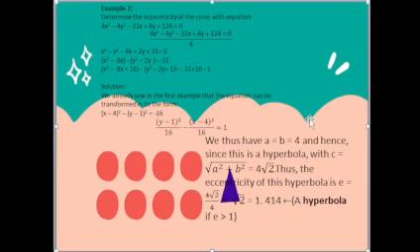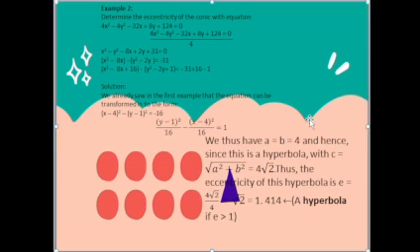So we have x minus 4 squared divided by negative 16 minus y minus 1 squared divided by negative 16, and negative 16 divided by negative 16 is 1. And we can put the positive result as the first.